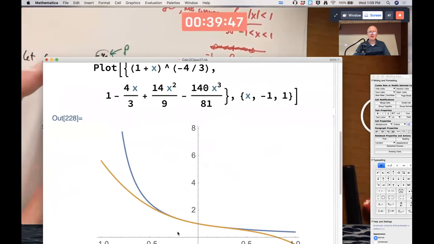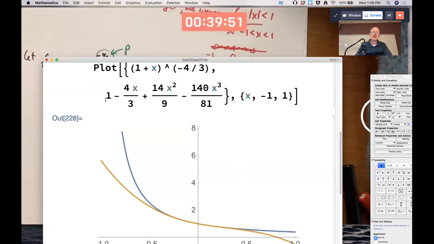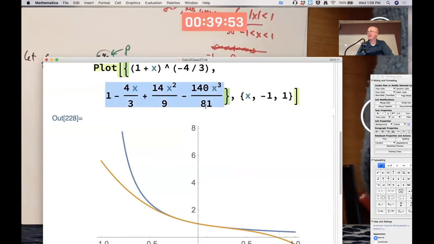The two graphs are very close together when x is close to 0. This is a truncated version, a Taylor polynomial, so they don't equal each other exactly. But they are very close together when x is close to 0.